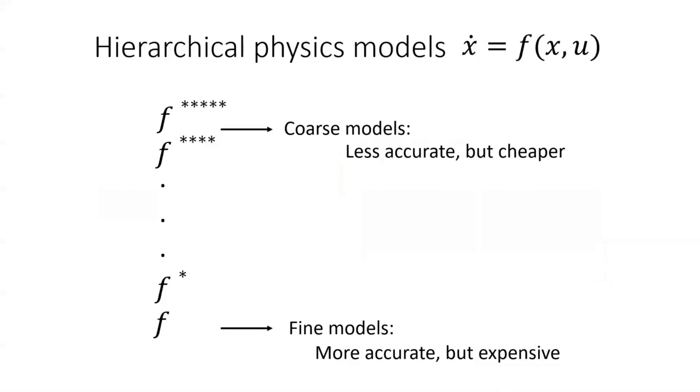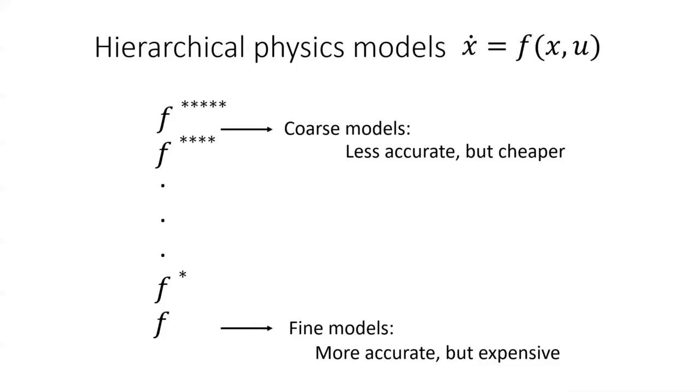So we have been thinking about, okay, can we have an abstract physics model? So what is a physics model? A physics model is, given states X and controls U, F is our dynamics model, right? And F tells us how the state changes with time, X dot. That is our most general expression of the physics model. And the idea is whether we can have not only one F, which is normally what we have. We have a simulator that just tells us how things are moving.